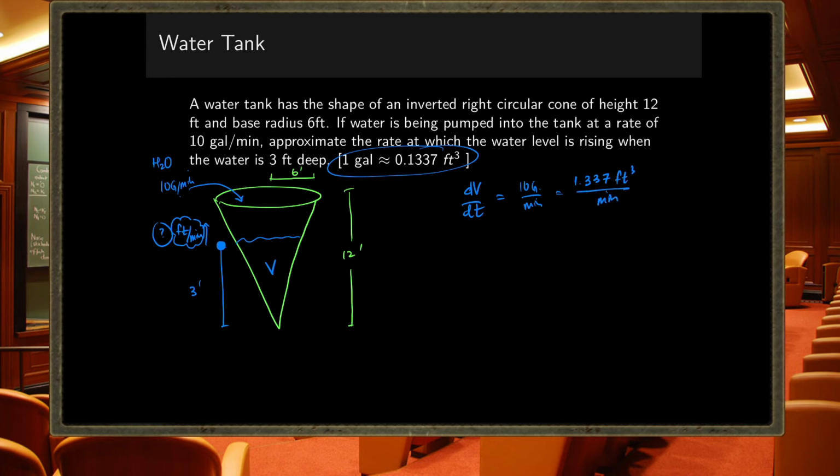So we can keep everything in terms of cubic feet. The volume is changing at a constant 1.337 feet cubed per minute.